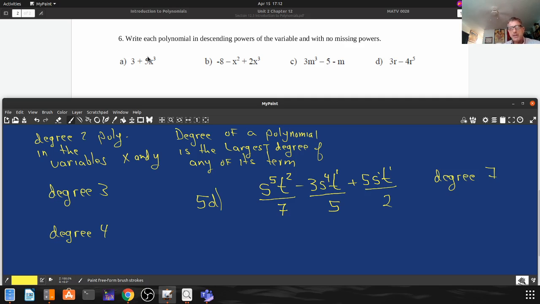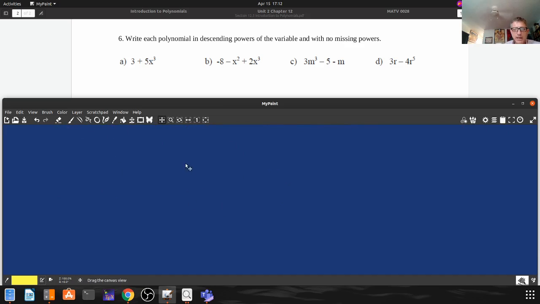So especially for computer algebra systems, it helps if we write polynomials, because if you have a whole bunch of sums, the commutative property of addition says you can arrange those sums in any way you want.